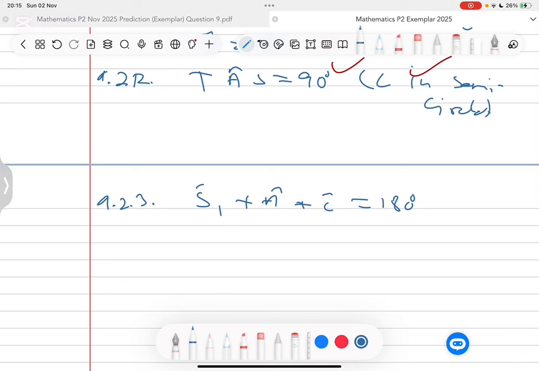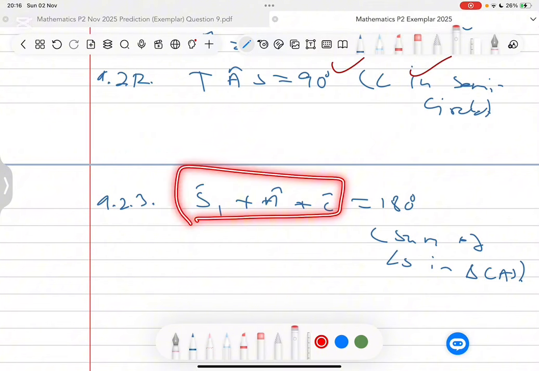The reason is the sum of angles in triangle CAS. Grade 12 learners, if at this stage you don't know this theorem or you can't see this, you suck.